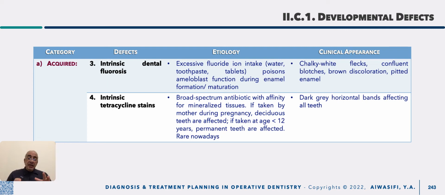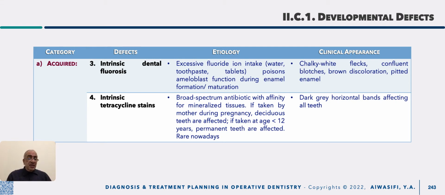That's why there will be different degrees of discoloration according to how much your porosities are filled with extrinsic stains. It is intrinsic dental fluorosis, but at the same time it gives a chance through its porosities to be occupied by different stains.